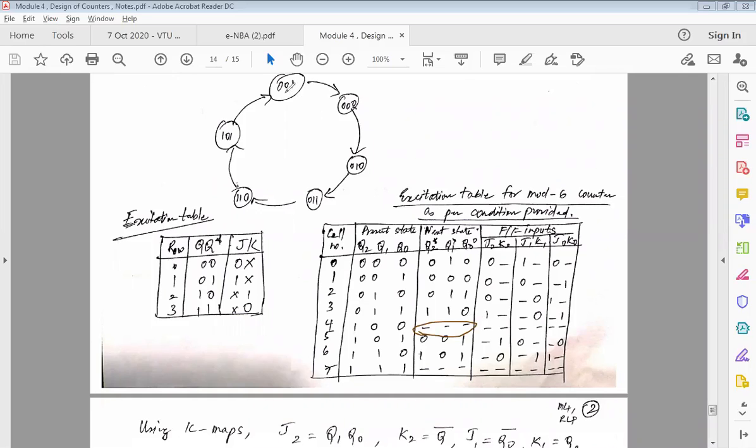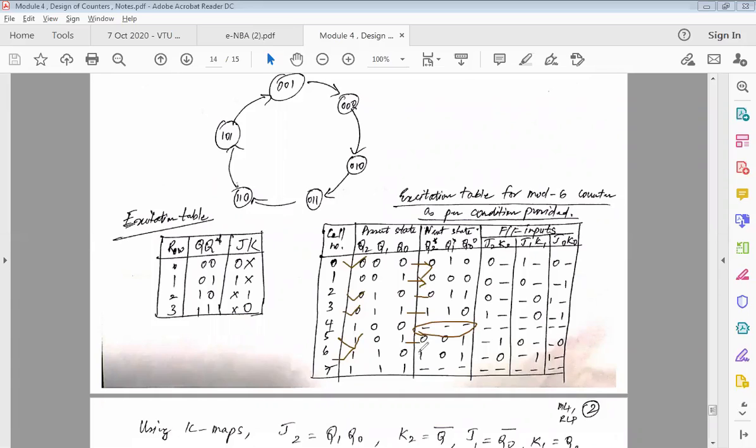Now you see how many are there. Let us just keep marking. I have 000, then 010, and 011, and 110, then 101. So only across those I have my next states, wherever there is a tick mark.